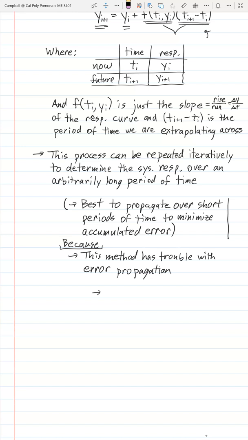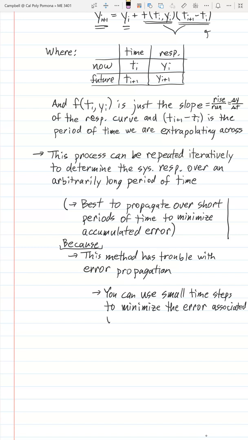So because this method has trouble with error propagation, you can use small time steps to minimize the error associated with each computation.